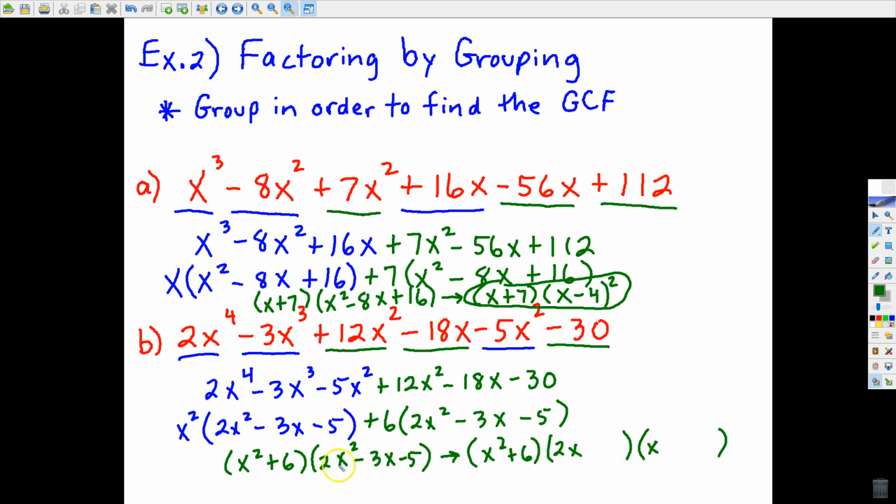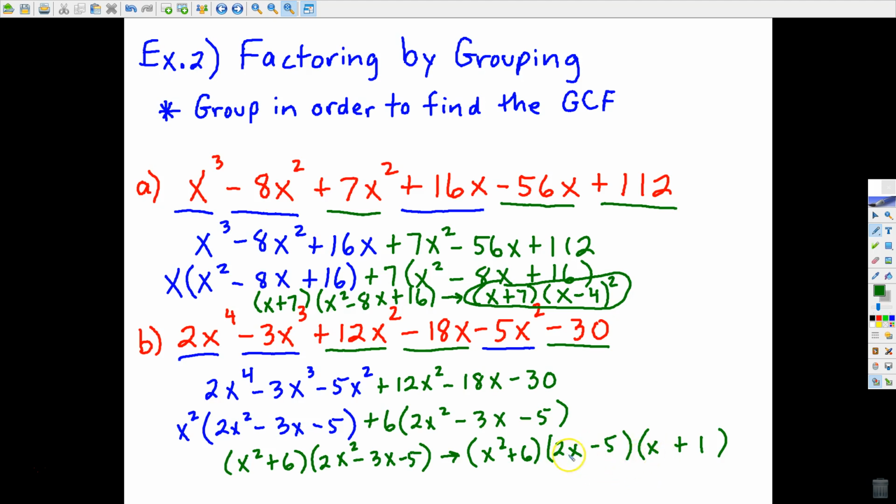2x times x is 2x squared. And now we need to put the factors of -5 in the second spots, but we've got to be careful because we can't just put them anywhere. We need to make sure that when we put these factors of -5 in their place, when we do FOIL, we're going to get -3x in the middle. So you can think of +1, that would give you +2x, and then if you put -5, now let's check this out with FOIL.